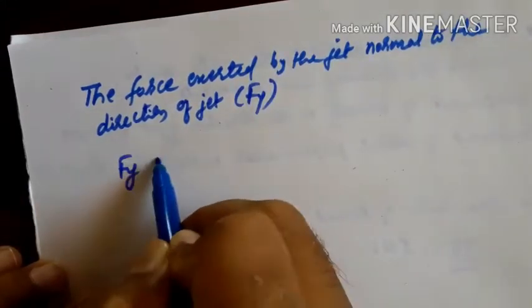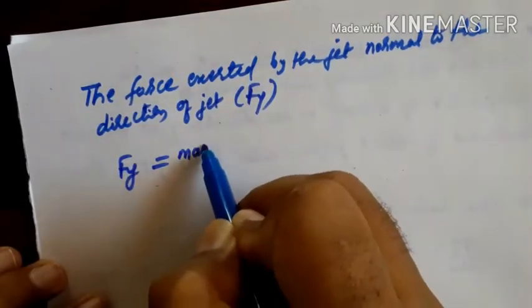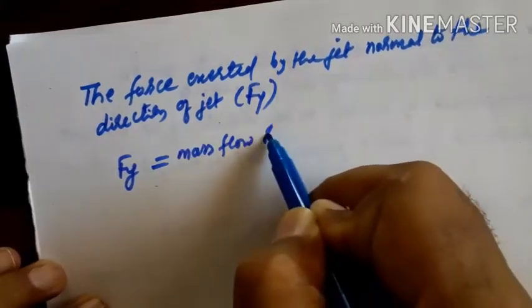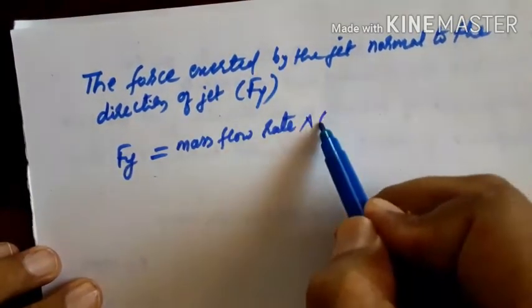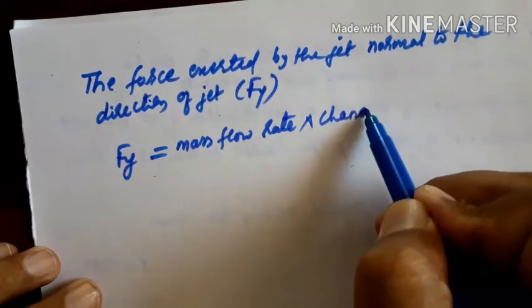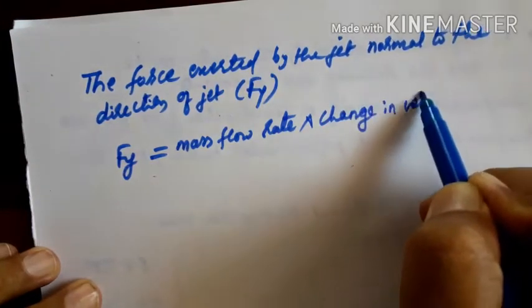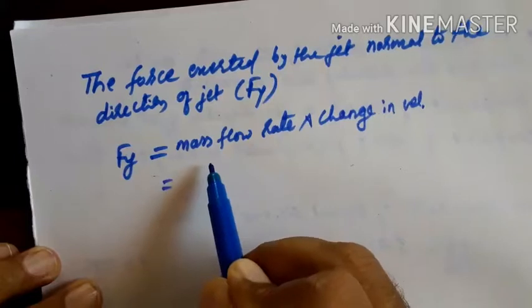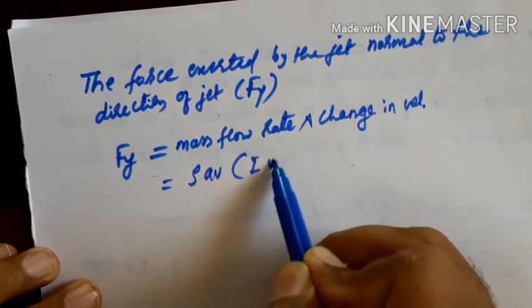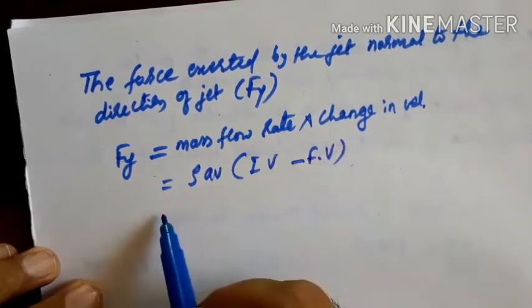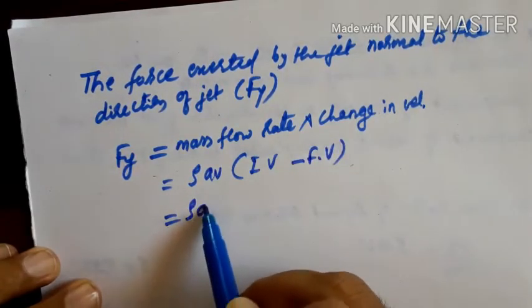So Fy, again the same formula: mass flow rate into change in velocity. The mass flow rate is rho a v, and the change in velocity is initial velocity minus final velocity.